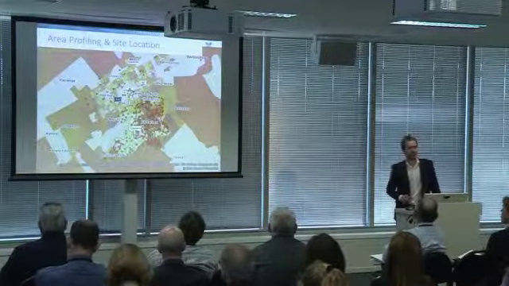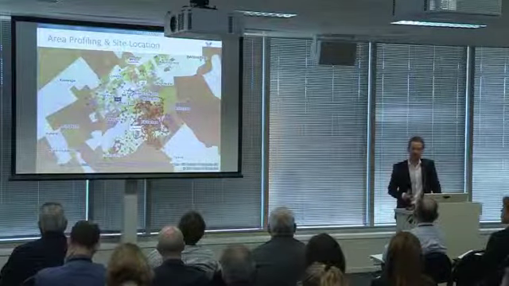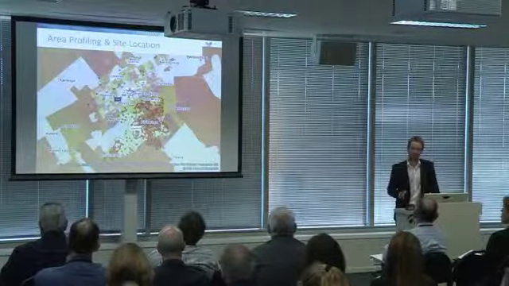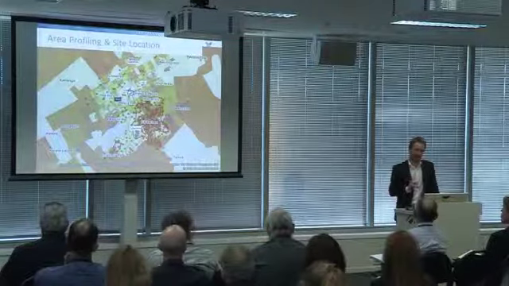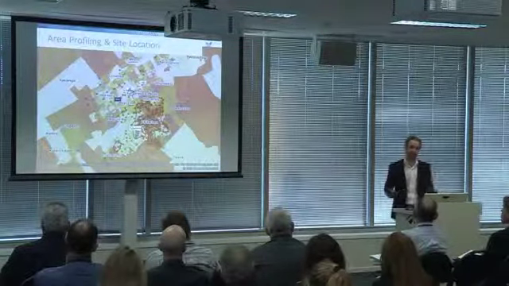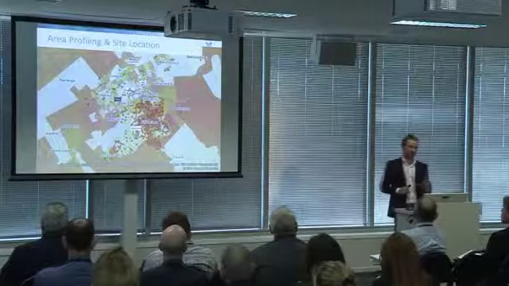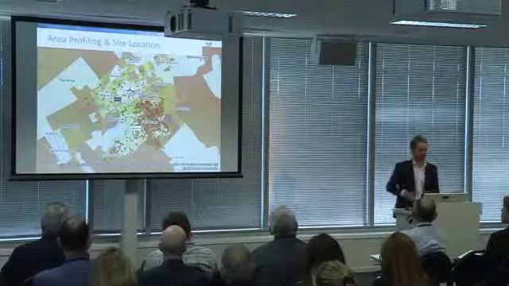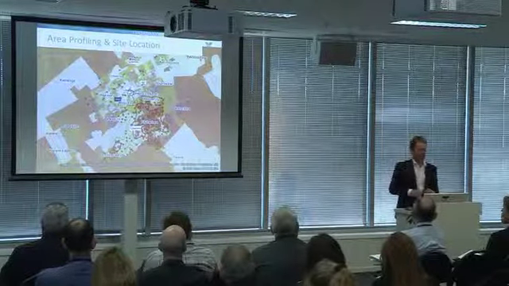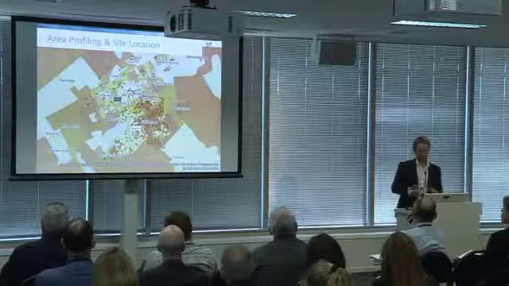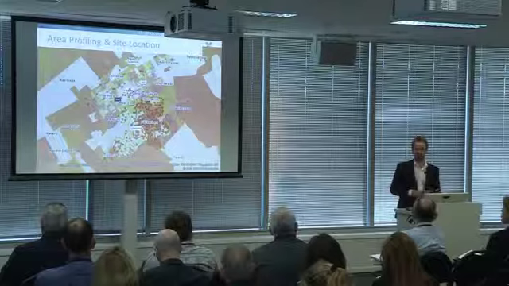A few actual examples of where we've used this. We've done some work recently with a bank, and they had a few hundred stores, but they had 80 stores they wanted to convert into what they call business banking centres. So they wanted to find the best 80 stores to put their business banking consultants in, and what we did was generate a range of catchments around all their stores.